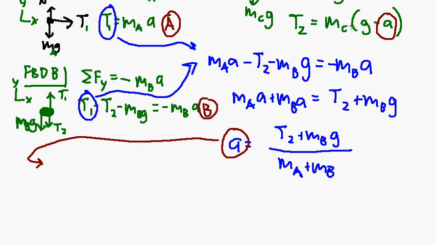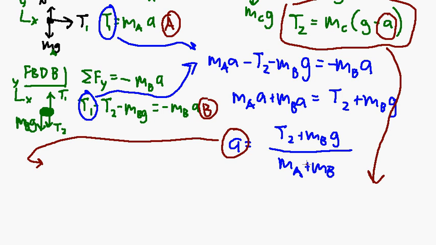Okay, so I'm going to take this equation here, move this down there, and do T2 over MC equals G minus A, which means that A equals G minus T2 over MC.